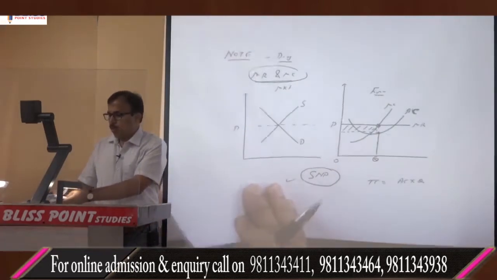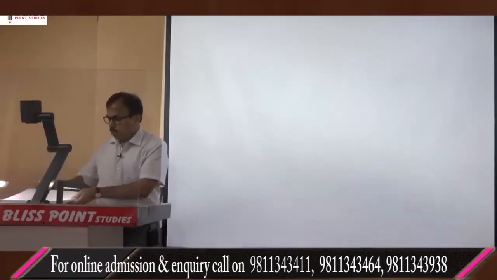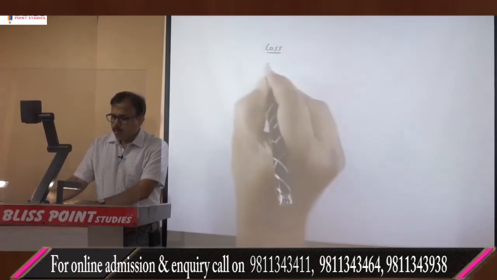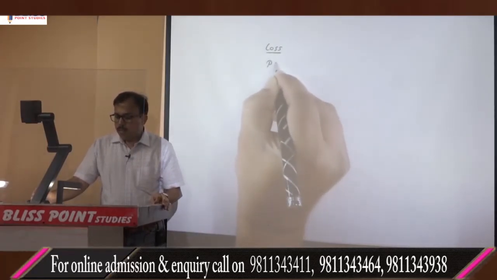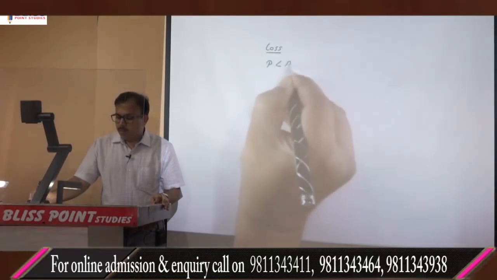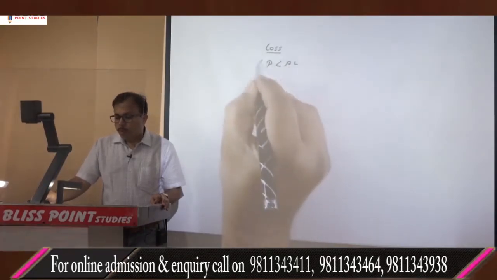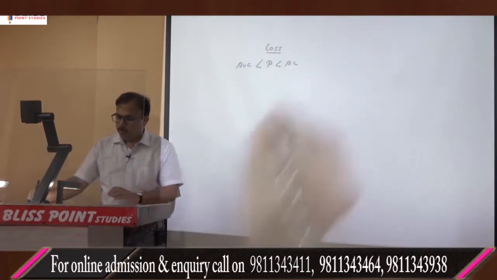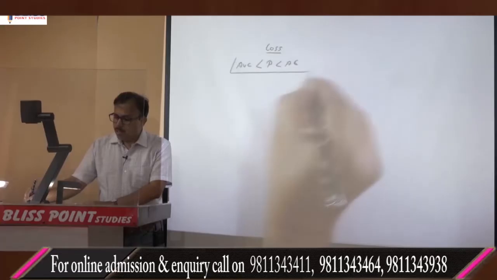If you want to show it for loss, just draw a final diagram for loss. Remember there will be loss when price is less than average cost, but to operate price must be greater than average variable cost. So show this condition.